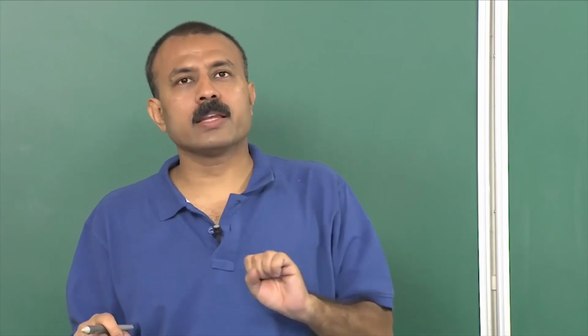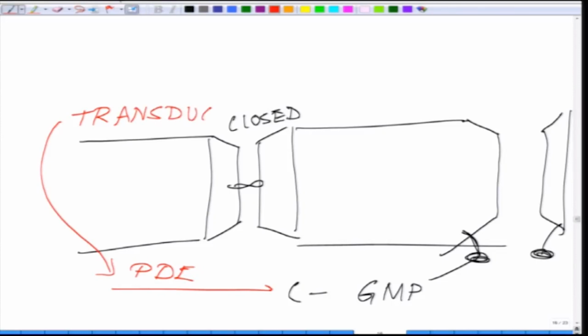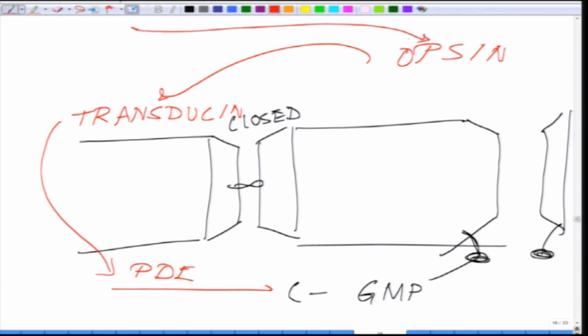That door stopper, cyclic GMP, is being removed by the molecule called phosphodiesterase, which is activated by transducin. Transducin is further activated by opsin, and opsin is disintegrated in the presence of light.